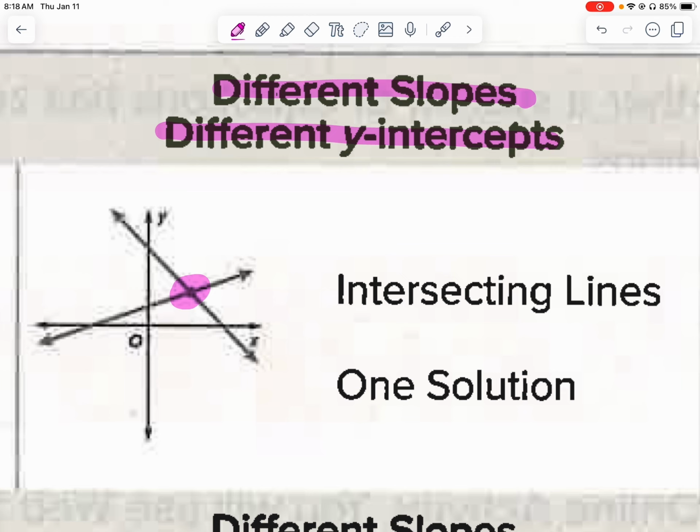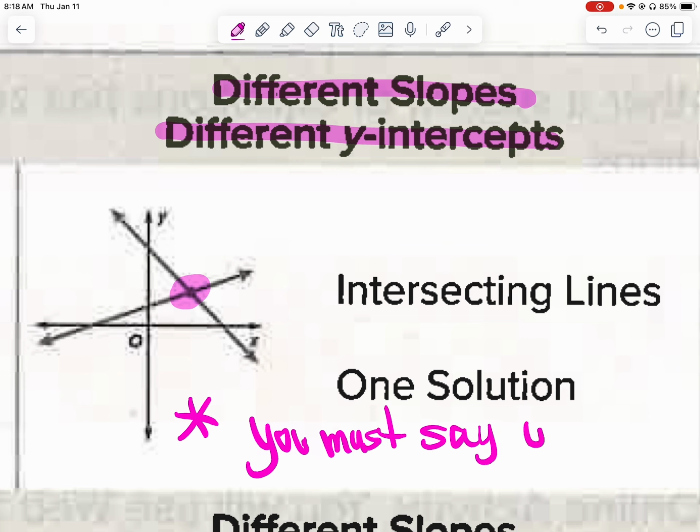Now, I'm going to make this important for you to know. You must say what that point is. You can't just say one solution. You have to actually say what the point is.